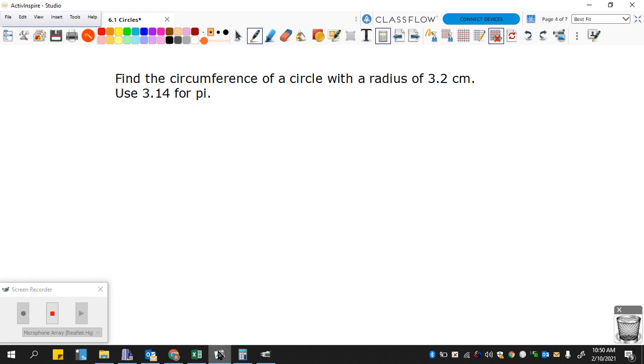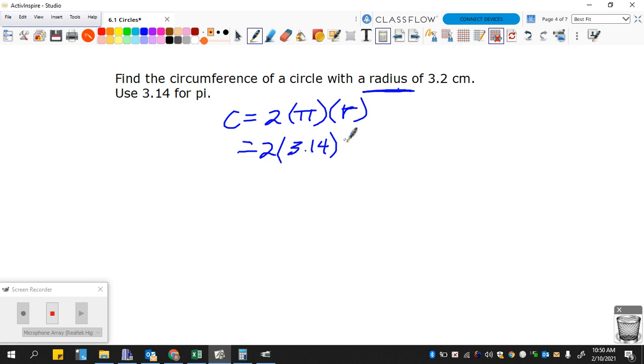Find the circumference of a circle with a radius. We're given a radius of 3.2 centimeters. Once again, you use 3.14 for pi. In this case, because we're given a radius, we're going to say circumference is equal to 2 times pi times the radius, which is 2 times 3.14 times 3.2 centimeters.